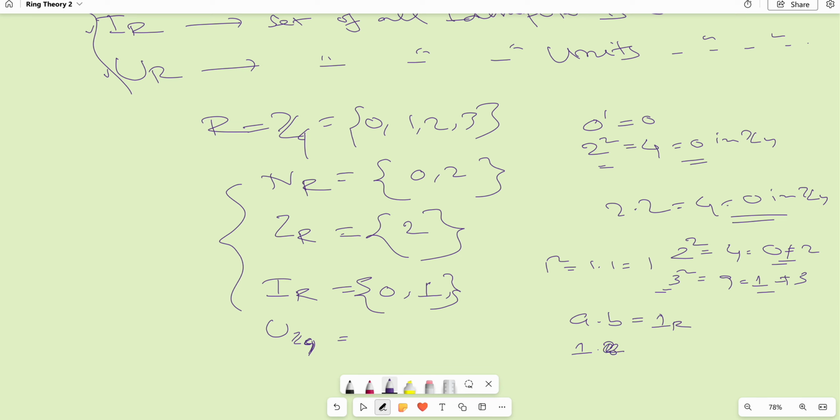Suppose you take 3 here, so 3 into 1 is 3. 1 dot 3 is 3, and 3 is not 1 in Z4. So there is no unit in Z4. The units of Z4 are empty actually, right?